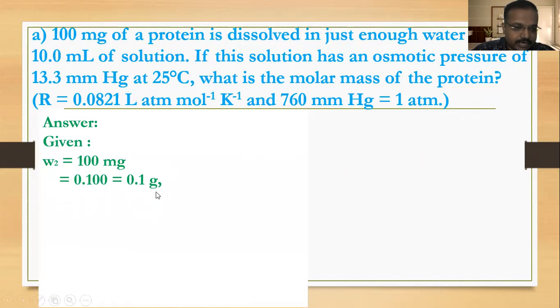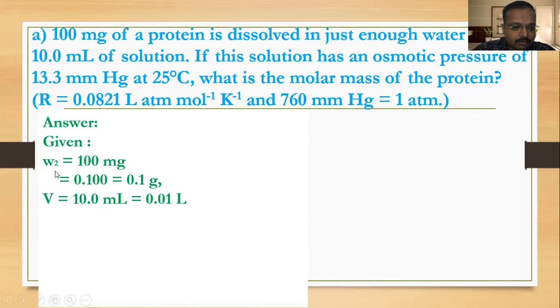So convert into grams whichever values are in milligrams. Then we have the volume of the solution, 10 ml. You have to convert it into liters as 0.01 liter by dividing by 1000, right?